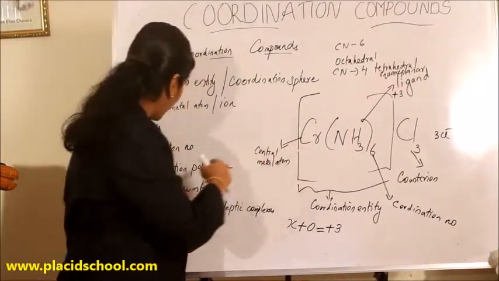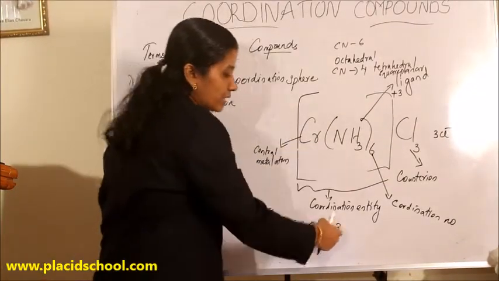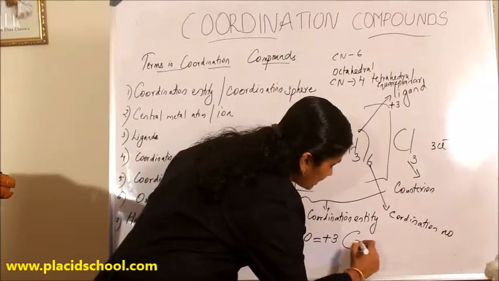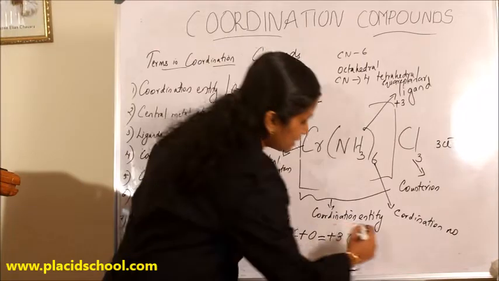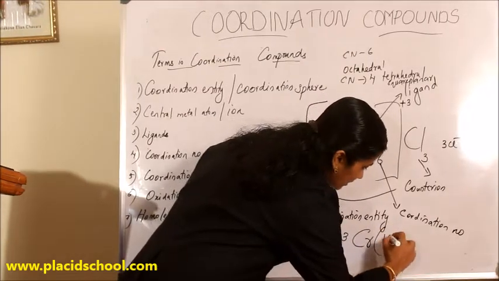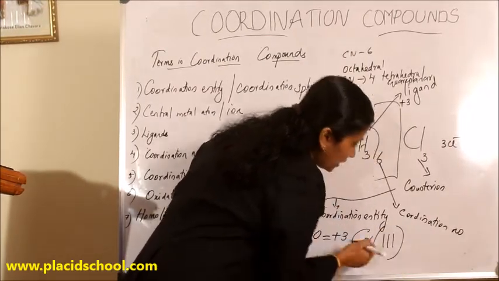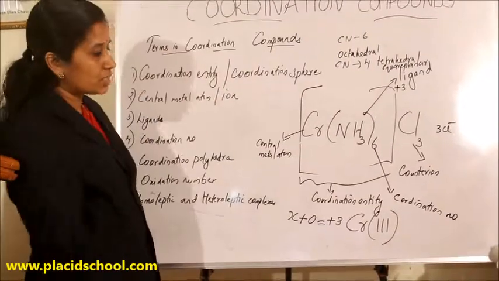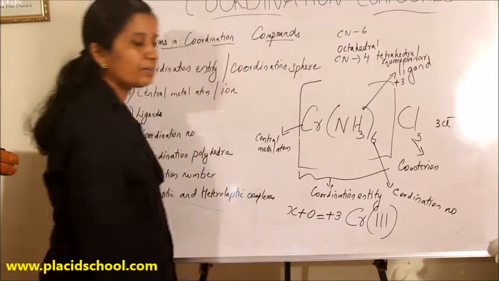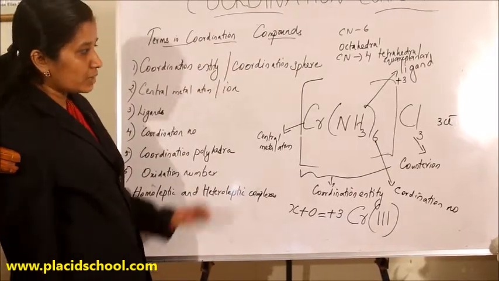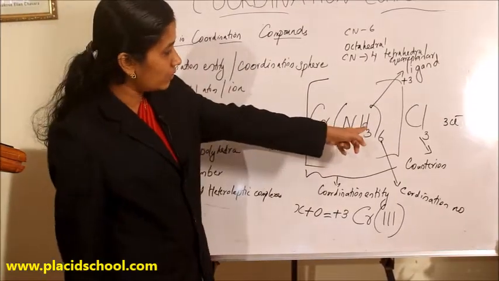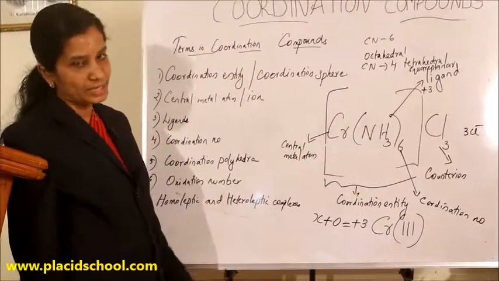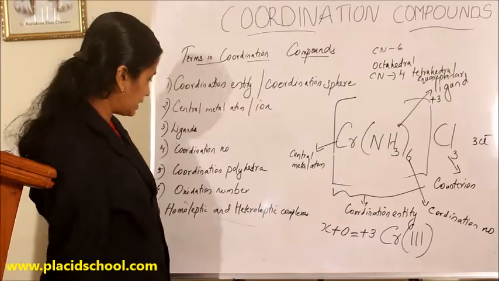So here the oxidation number of chromium is plus 3, and we normally represent this by writing the symbol of the central metal and the oxidation number in parentheses in Roman numerals. So this is a way of representing the oxidation number of a central metal ion. Based on the different types of ligands, the oxidation numbers of different central metal ions vary. We'll see that in detail later.